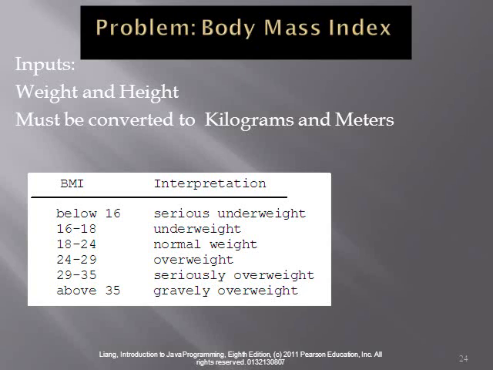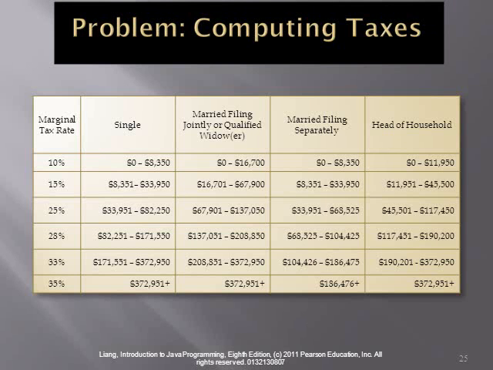Basically, the problem presented is that after computing the BMI value, you need to interpret the results based on this table. The use of if and else if do a nice job. The programmer only needs to test for the BMI being less than or equal to the values in the right-hand column. Other than that, the program is pretty straightforward. Please watch the author's video further explaining his implementation.